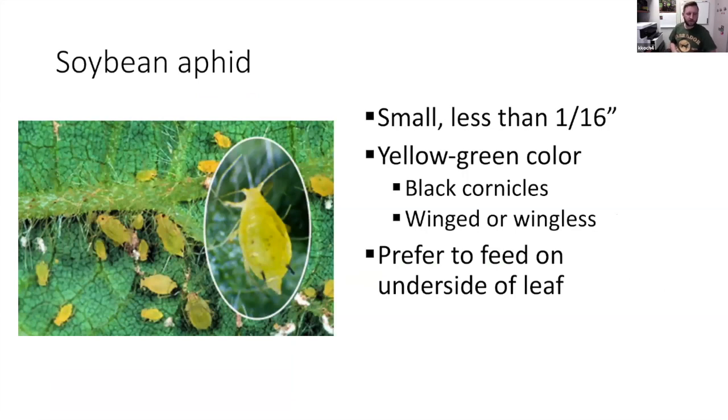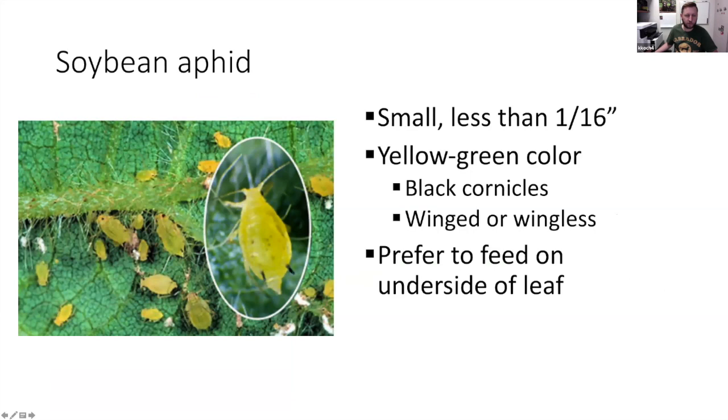Soybean aphids, some similar characteristics to the corn leaf aphid that Bob just talked about. These are, again, quite small, around 1/16 of an inch. The color is going to be yellowish, yellowish greenish, and then they're going to have fairly long black cornicles.